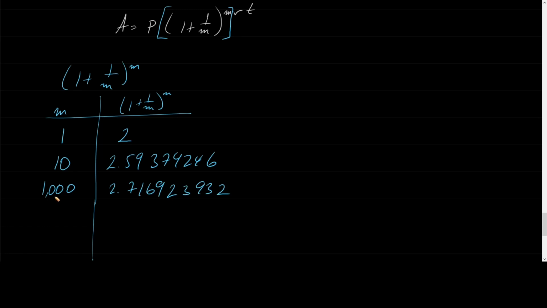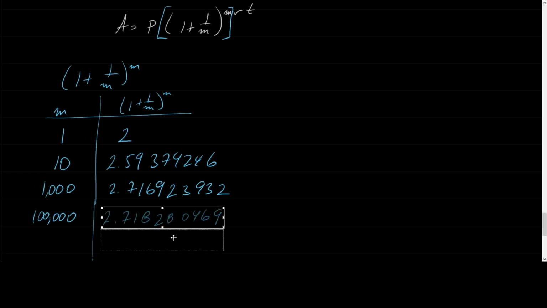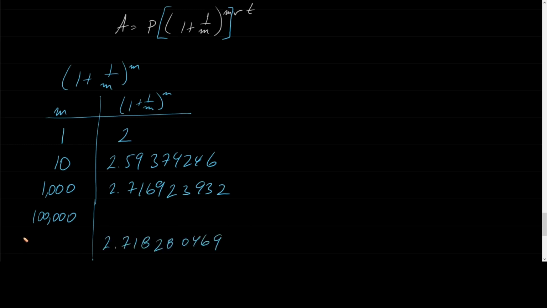When I plug in 100,000, I end up with 2.71826, 1828, 0469. Sorry, that was for 1 million, not for 100,000. So let's shift that. That's going to be for 1 million.